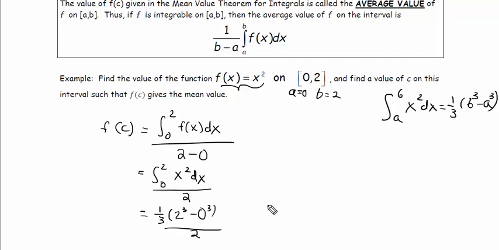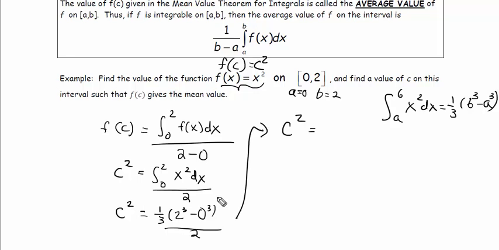So now, f of c, by the way, if you weren't on the same train of thought as I was, is c squared. So then let's go over here. C squared is actually 8 over 6. You'll have to simplify that.